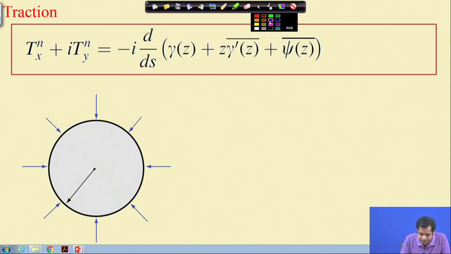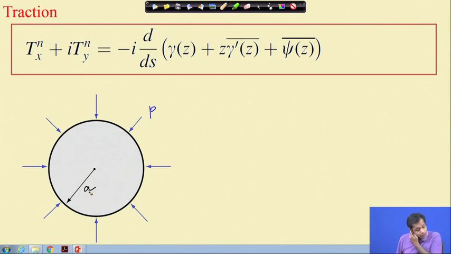Suppose this value is p, and suppose this is a, okay, or take, say, unit value. Suppose this is unit, this is, say, 1, or a. Okay. So, what are the conditions we have?